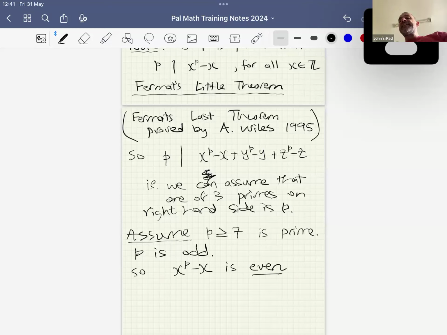Because if x is even, then any power of x will be even, and when you subtract an even number from an even number, you get an even number. Another key fact is that because p is odd, x to the p minus x is divisible by 3.